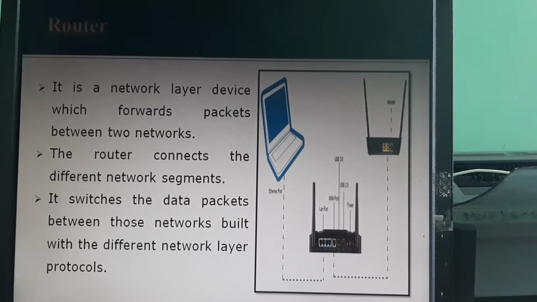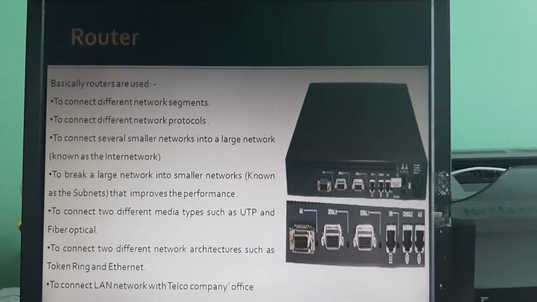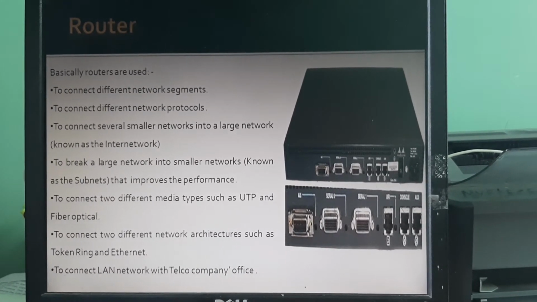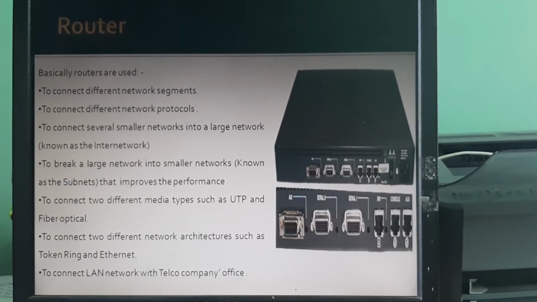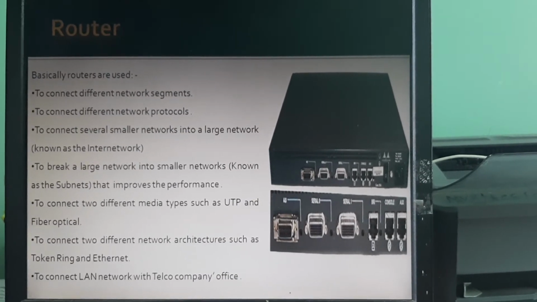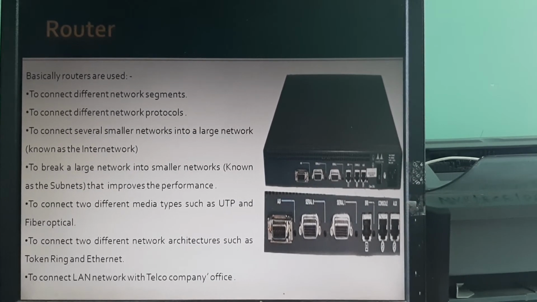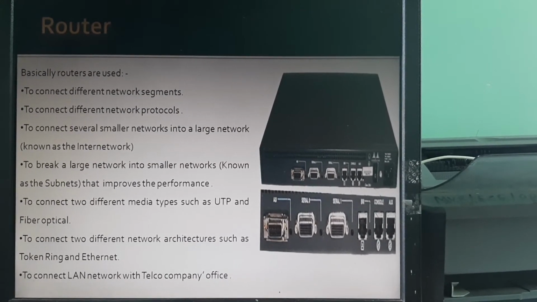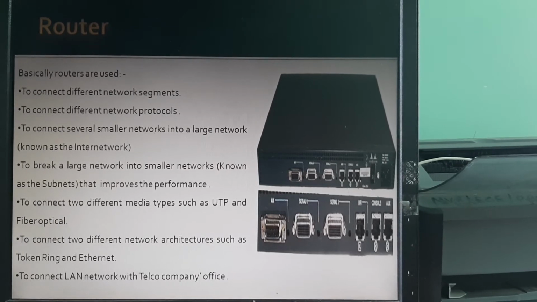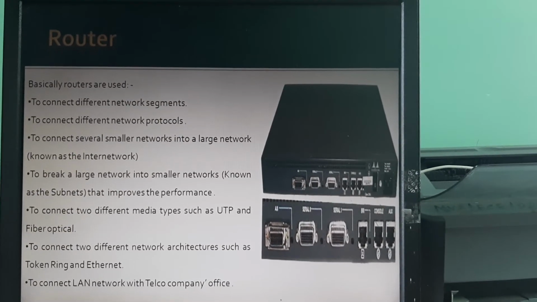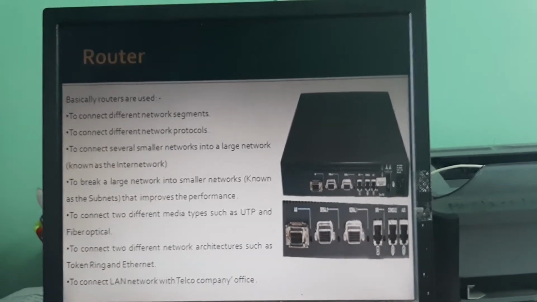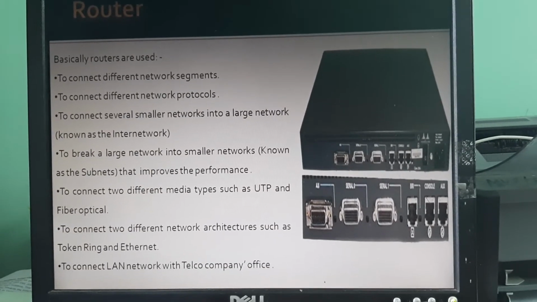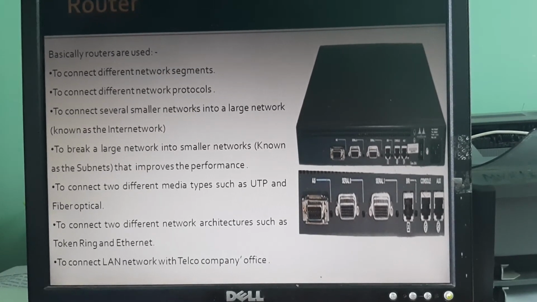So this router can perform a lot of works as listed. It is used to connect different network segments. It is used to connect different network protocols. It is used to connect many smaller networks into a single network, and also it breaks a larger network into smaller networks, and two different types of media. I already discussed earlier, there are many types of cables or media like coaxial cable, twisted pair cable, fiber optic cable used in computer networking.